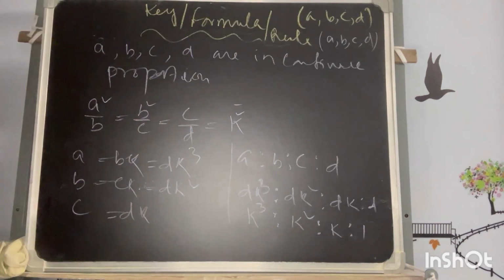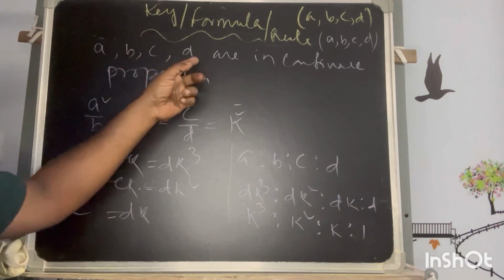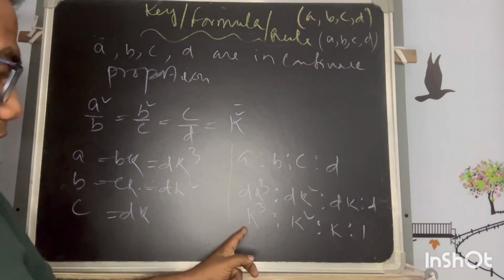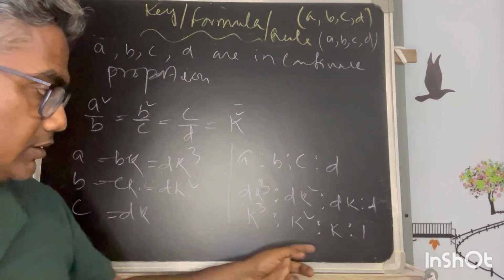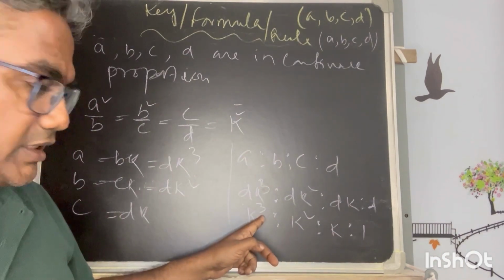So if in case some numbers a, b, c, d are in continued proportion, their relations become a constant. That depends on the highest power of k.